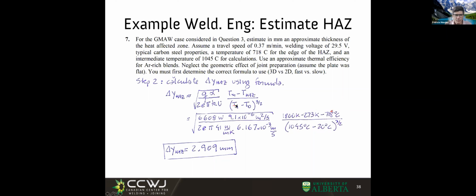And below we have an intermediate temperature that I suggested 1045, and can be some sort of average between these other two temperatures, melting and edge of heat affected zone, minus preheat. That was 20. Nobody said anything to it, 3/2. You do this calculation, and that gives you a thickness of heat affected zone 2.9 millimeters, almost 3. Actually, pretty good estimation. It tends to be like that.